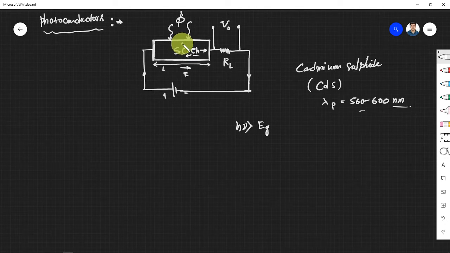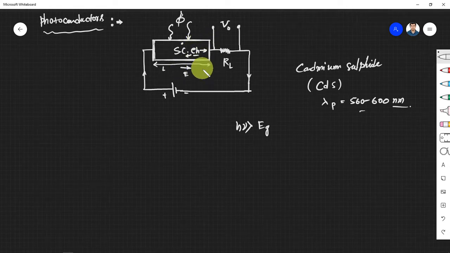Now to capture these carriers, they need to travel. The electron has to reach this electrode and the hole has to reach this electrode, so there is a transit time, and because of that transit time the device response will be slower.